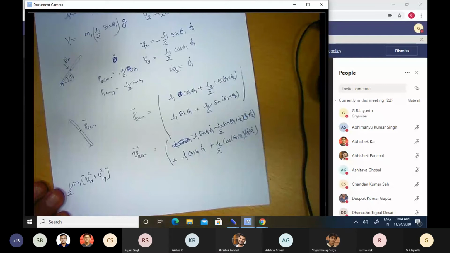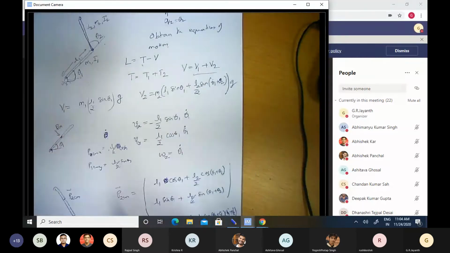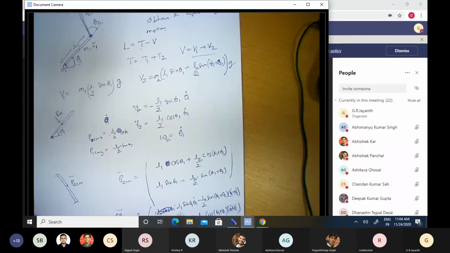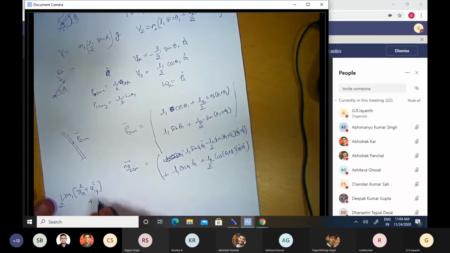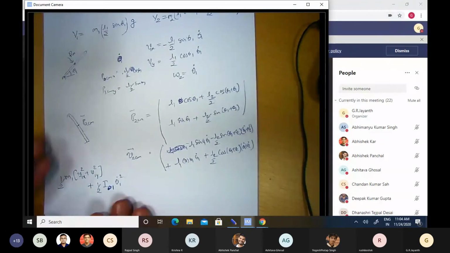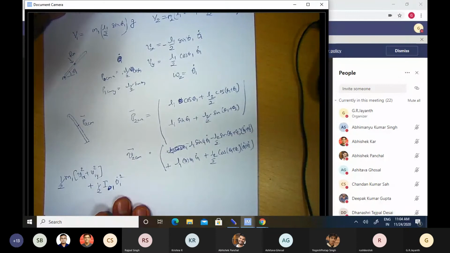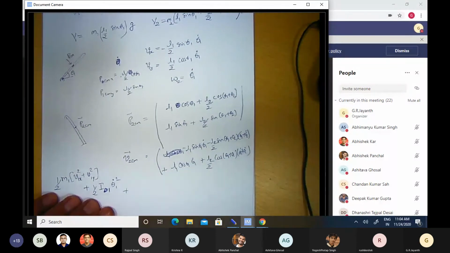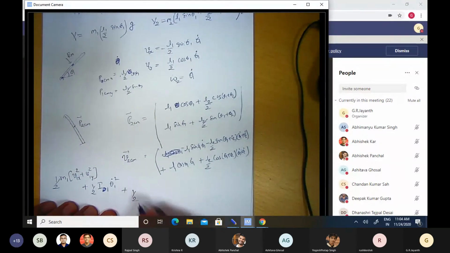That's associated with translational motion of that first rigid body, and then there will be the kinetic energy with its rotation, I0z, or in this case call it I1, times theta 1 dot squared. So this is the total kinetic energy associated with the first rigid body, and I'll have a similar expression for the second rigid body.